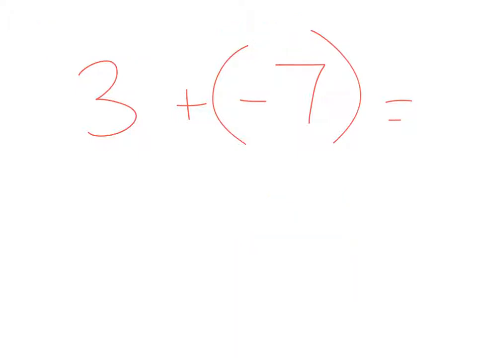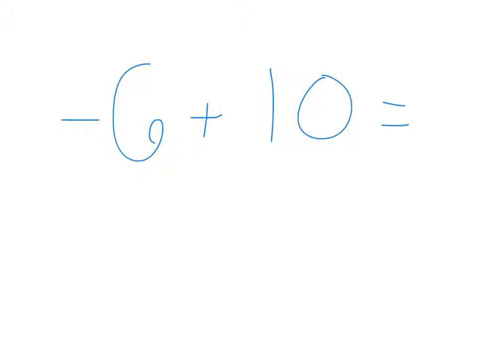Let's see one more example with this. Let's say we have negative 6 plus positive, I don't know, 10. In this case, again, I have opposite signs, a negative and a positive, so I'm going to subtract their absolute values. 10 minus 6 also gives me 4.